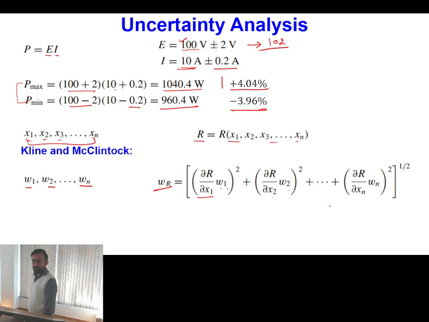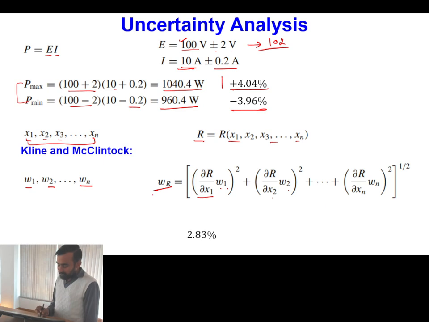So this equation gives a good estimate of the uncertainty and it does not account for the maximum or minimum possible deviation simultaneously during the measurement. Now using this equation, if you measure the uncertainty over here, then how much value do you get? 2.83.